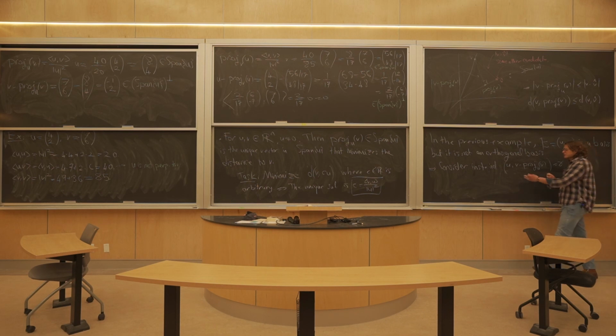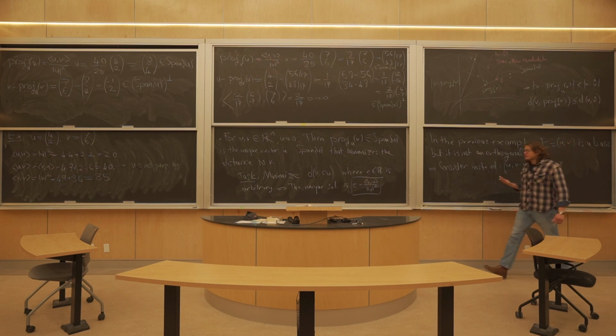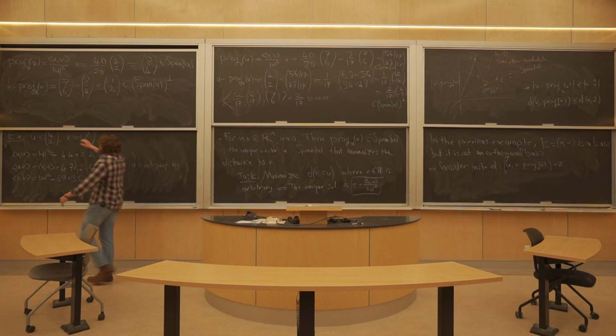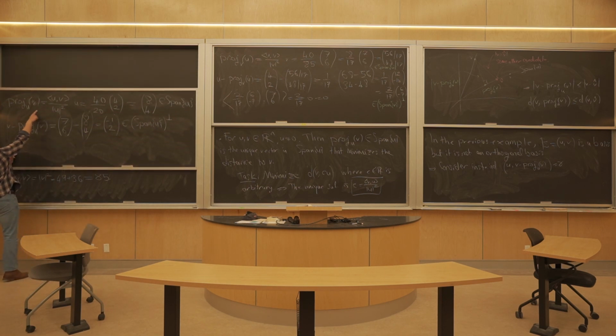So you see now, I started with some basis that was given to me. And then, by doing this orthogonal projection and taking out these essentially redundant pieces, I can think of this piece of V as the redundant piece.